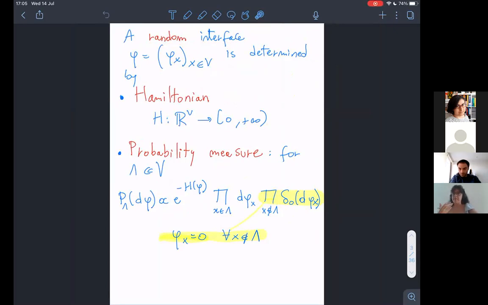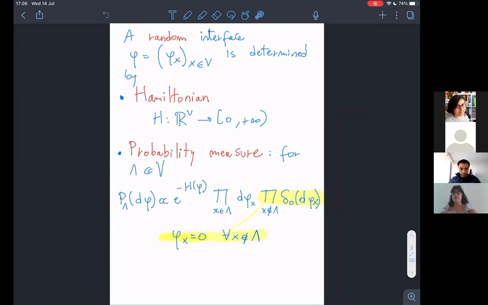This probability measure requires two ingredients. One of them is a Hamiltonian, or an energy function, that gives the energy of a certain height configuration. The second ingredient is a subset of the vertex set, Lambda, which is finite and connected in the graph sense.